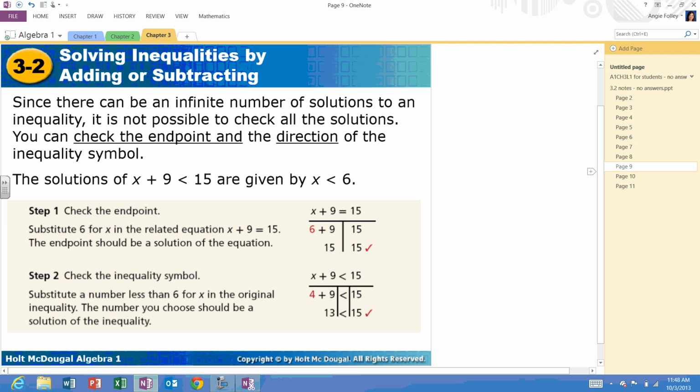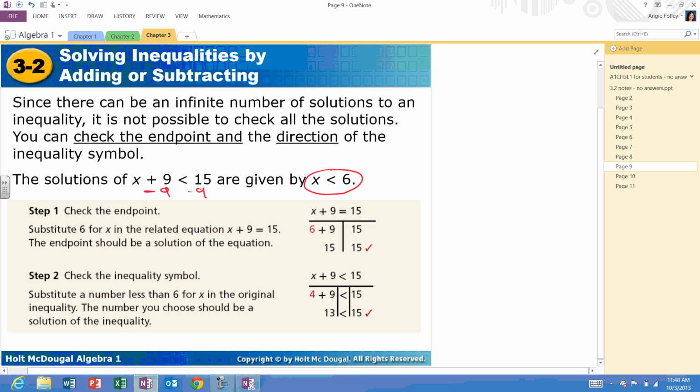All right. So since there can be an infinite number of solutions to an inequality, you can't really check to see if you've got the right answer, but you can check the endpoint and the direction of the inequality symbol. So for example, the solution of x plus 9 is less than 15. After you solve this, by isolating, if I move negative 9 to this side, that's how they end up getting x is less than 6.